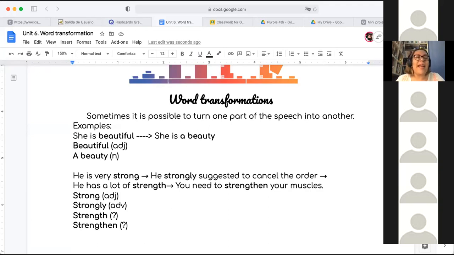Suggested. Well, in Spanish, what does suggested mean? ¿Sugerir? ¿Es sugerir o no, teacher? Yeah, yeah, it is. Sí, sí. ¿Cuál es un sinónimo de sugerir en español? ¿Recomendar? Recomendar. Entonces, ¿cuál sería un sinónimo de suggest en English? Recommend.